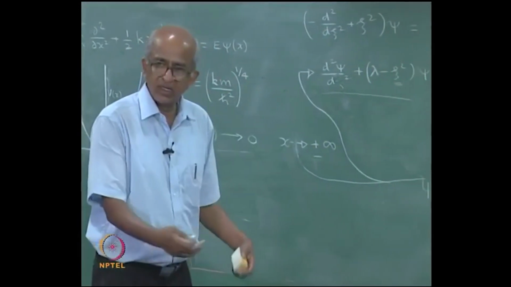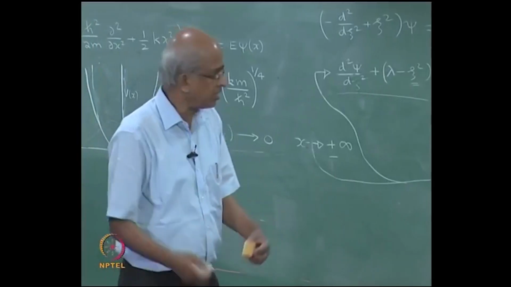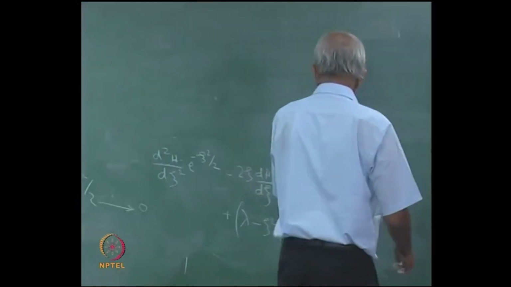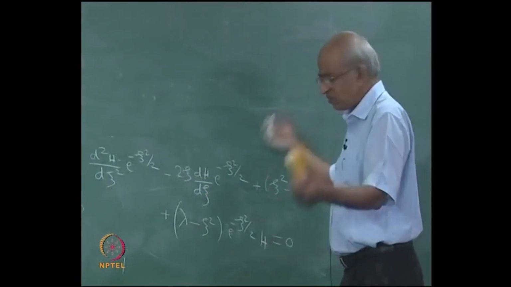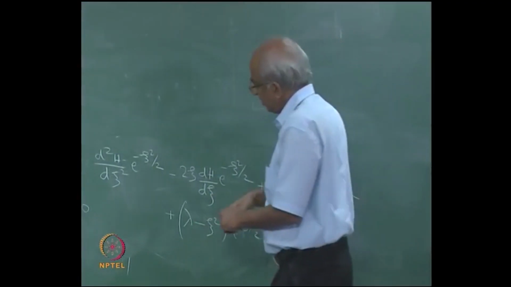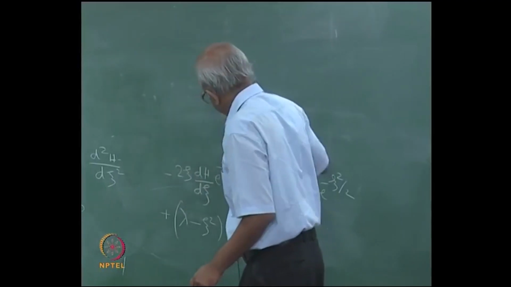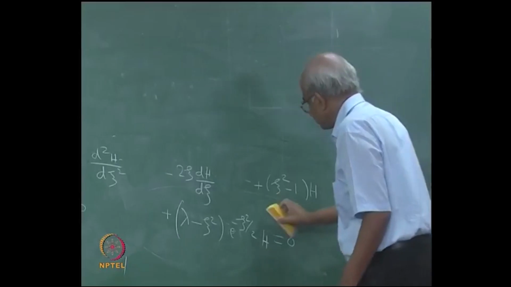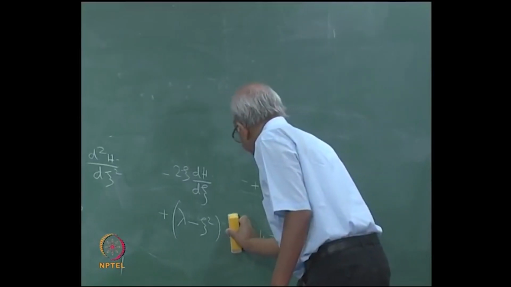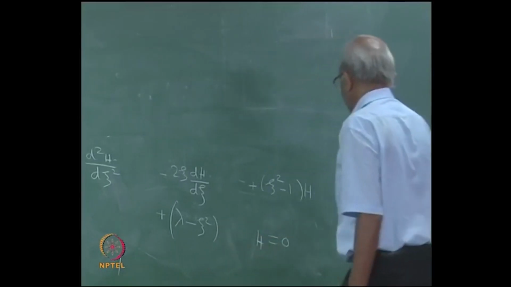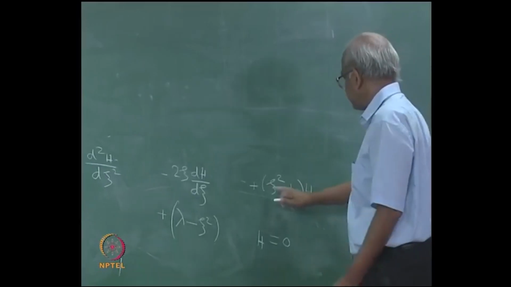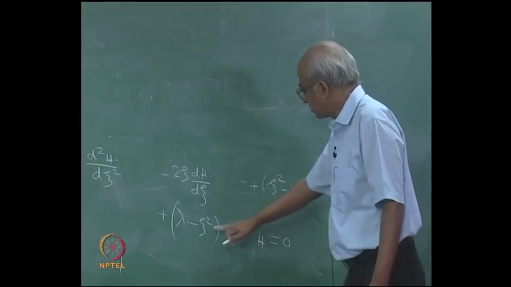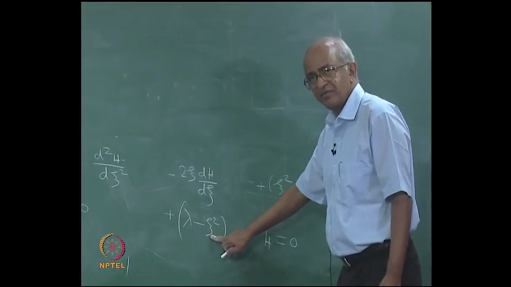But once you look at that equation, you would see that it can be simplified, because e to the power of minus c square by 2 is sitting everywhere. Just divide throughout by that. That makes it look nicer. This goes, this also goes. But that is not all. There is a plus c square here, and there is a minus c square there.